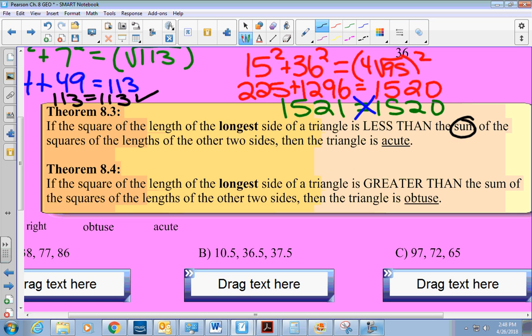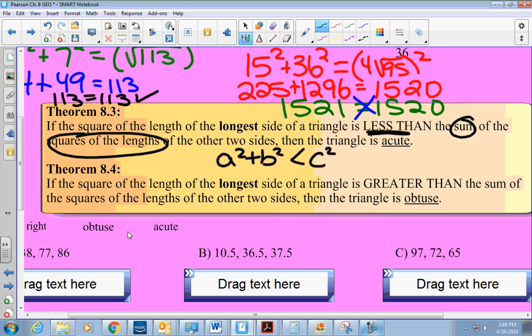If you add your 2 sides together after squaring them and they are smaller than your hypotenuse, that means you have a big hypotenuse.